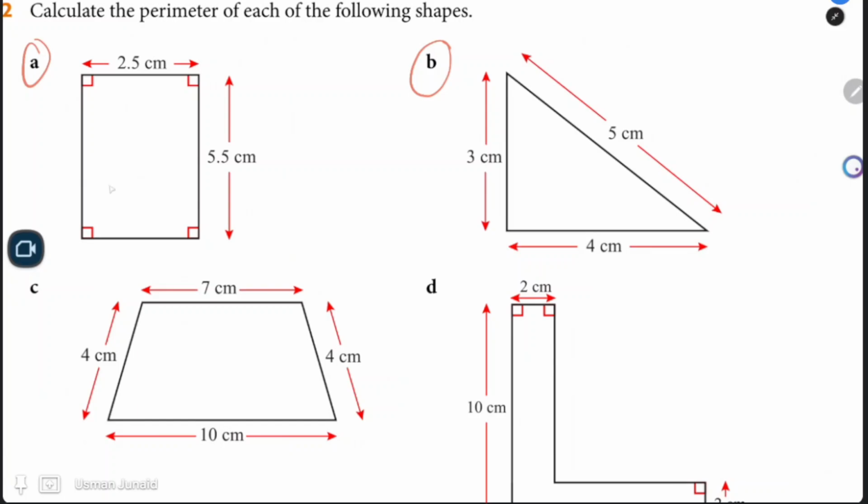I don't want the area, I want the perimeter. So it's 35.25. It's how much? Wait, I did it wrong. Sorry.